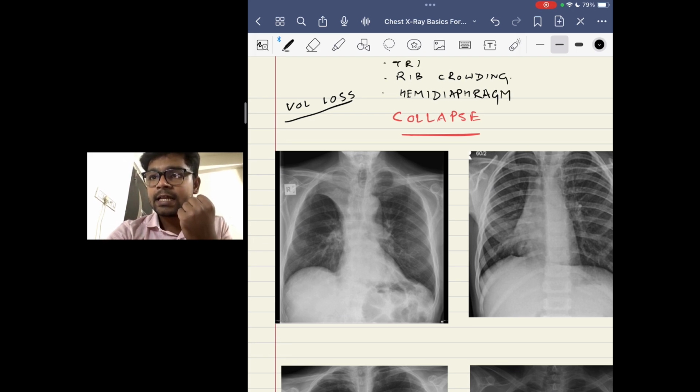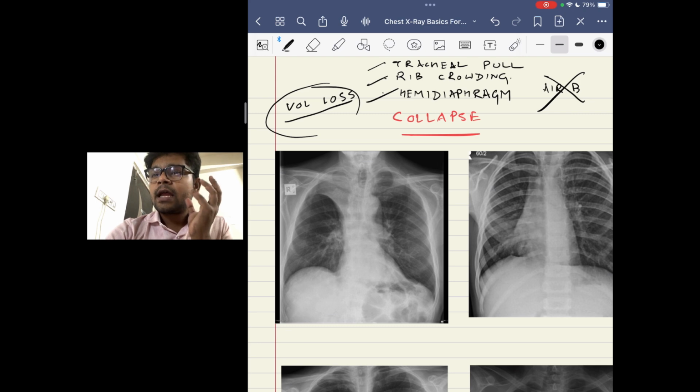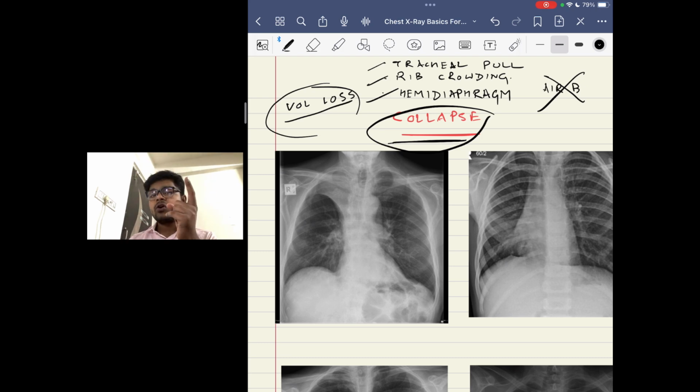See tracheal shift, tracheal pull to one side. Air bronchogram will not be seen. Tracheal pull to one side, rib crowding, features of volume loss, and of course the Silhouette sign. All this will make a diagnosis of collapse and not consolidation.